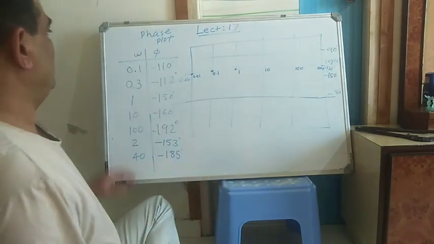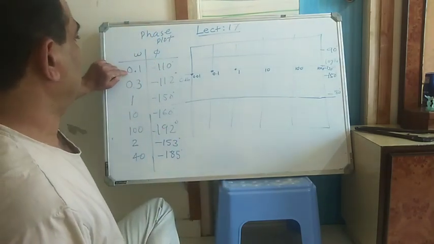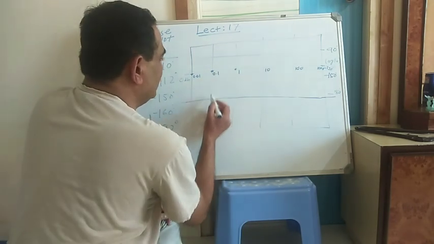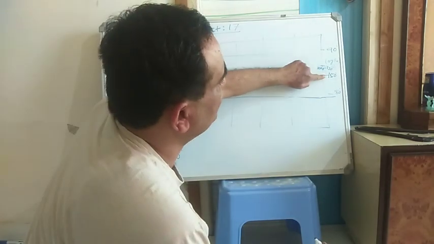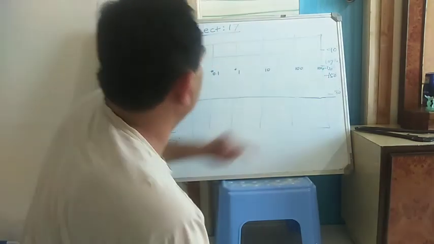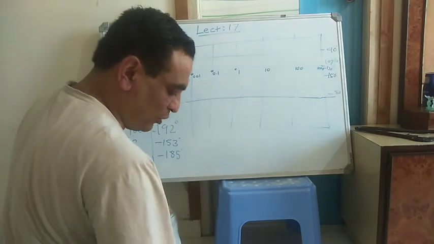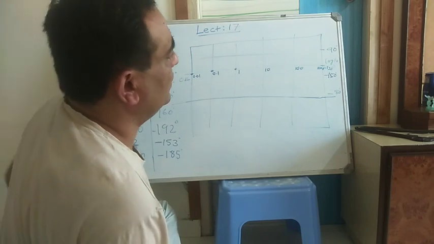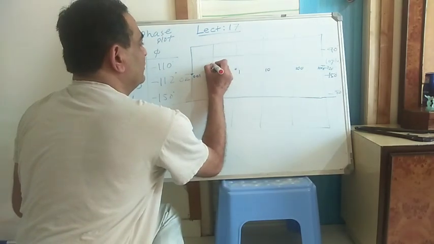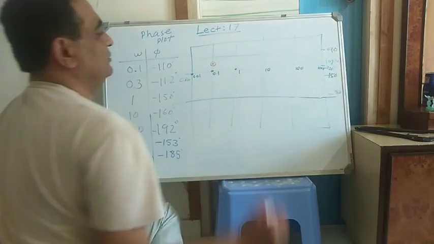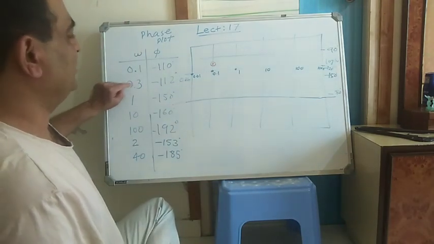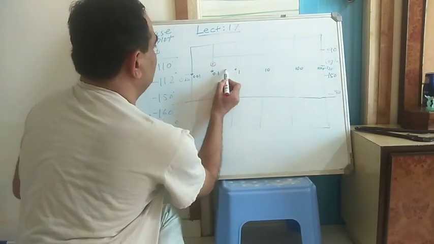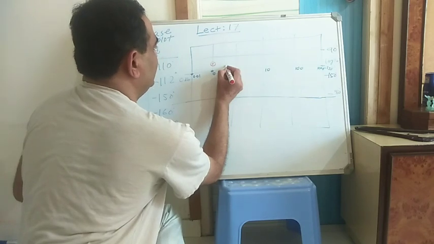Now, when the frequency is 0.1, you have minus 110 degree. So minus 110 comes somewhere here. I will mark the point. Then 0.3 is minus 112, so somewhere here.